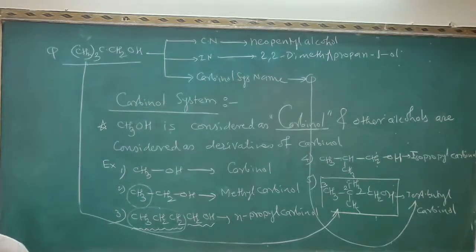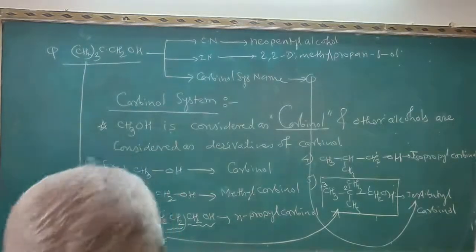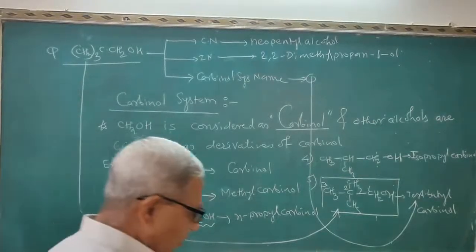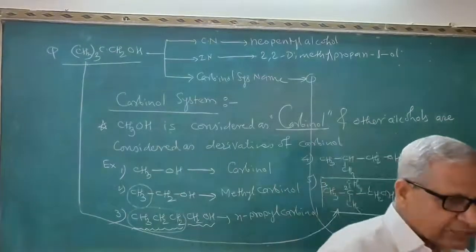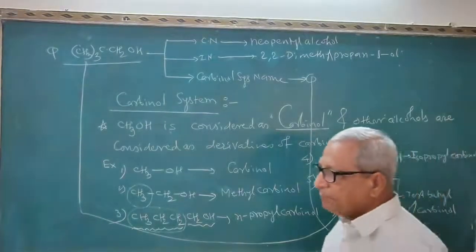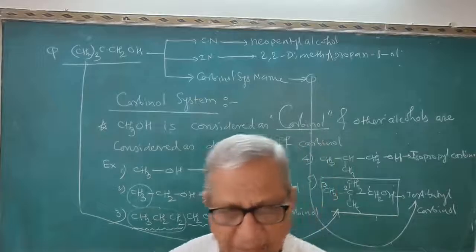So we completed the nomenclature of alcohols by the 3 systems: common system, IUPAC system, as well as the carbinol system. Take a brief revision of the carbinol system.